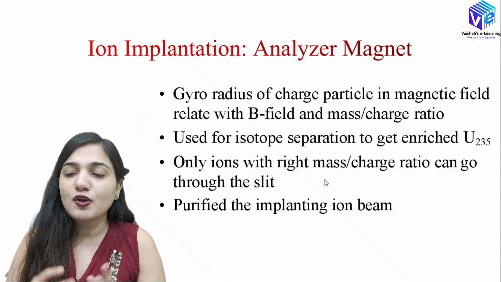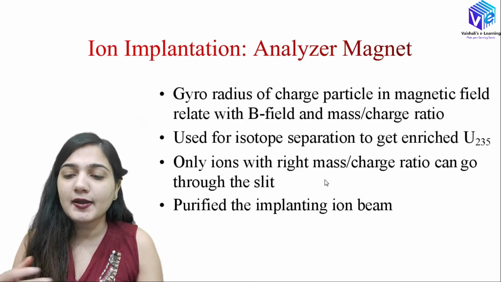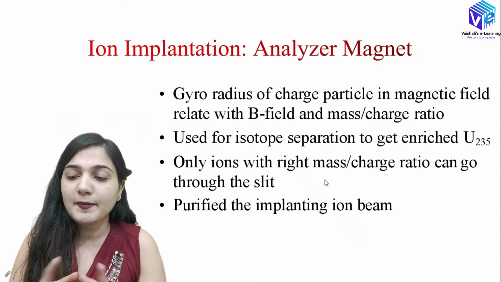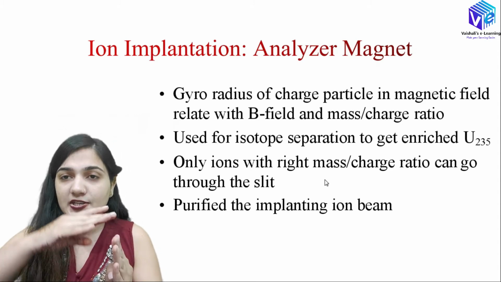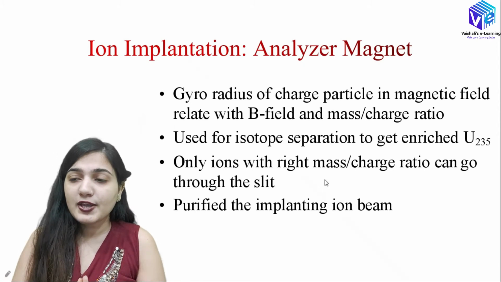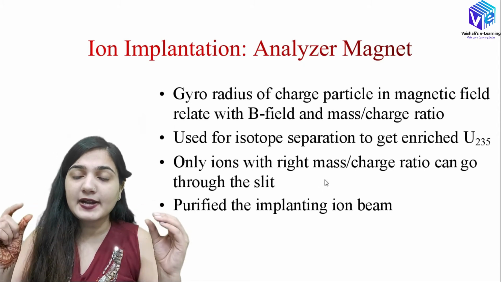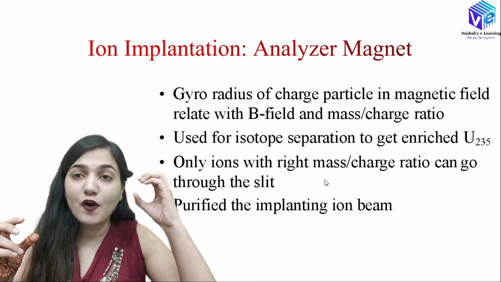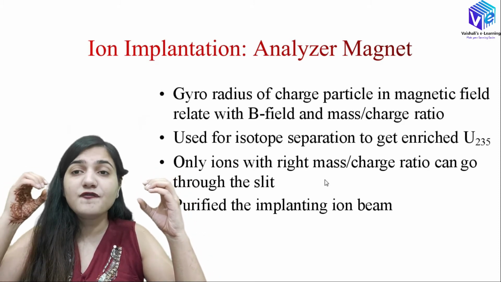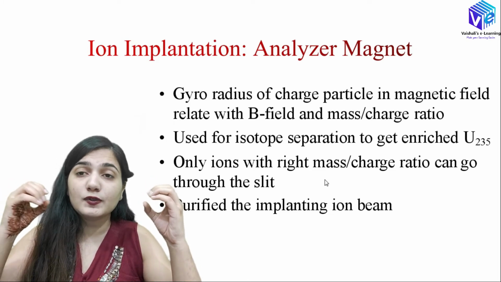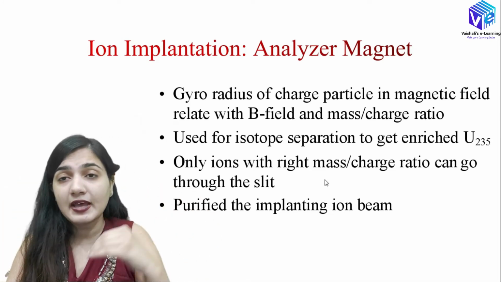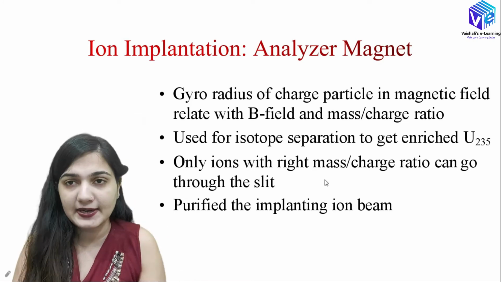The gyro radius of the particle will change if I use a magnetic field. The magnetic field will change the path depending upon the mass to charge ratio. If I have two particles, an ion of high mass and an electron of less mass, the deflection will be much higher for the electron than for the ion in the same magnetic field.